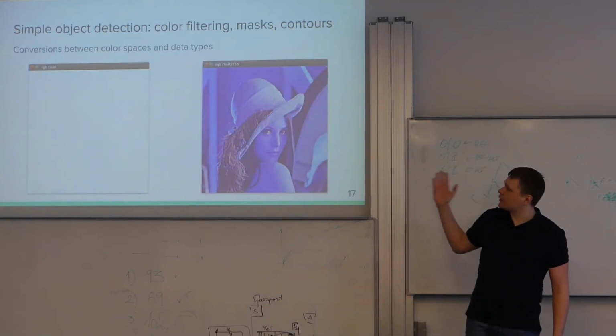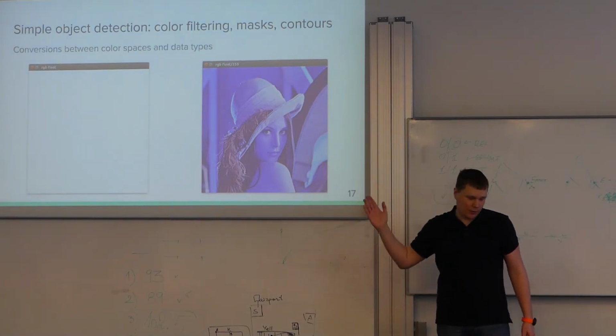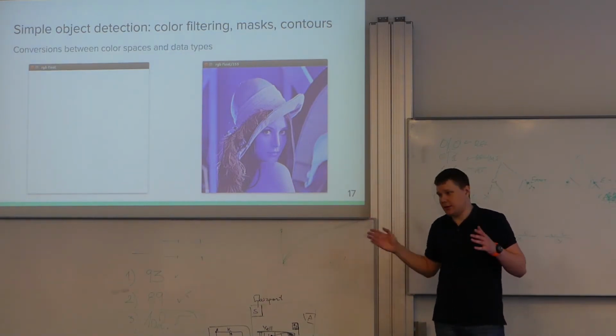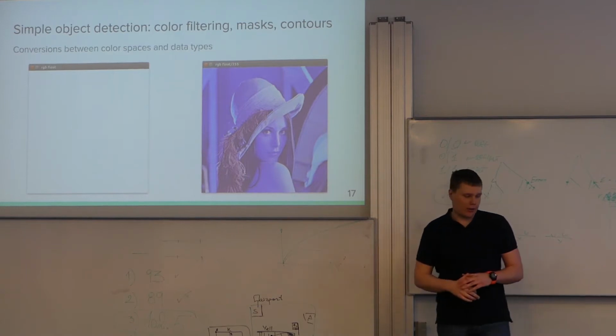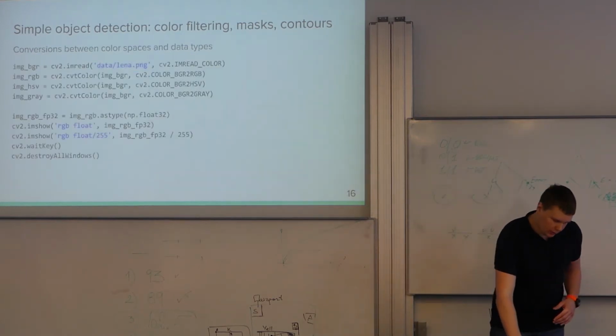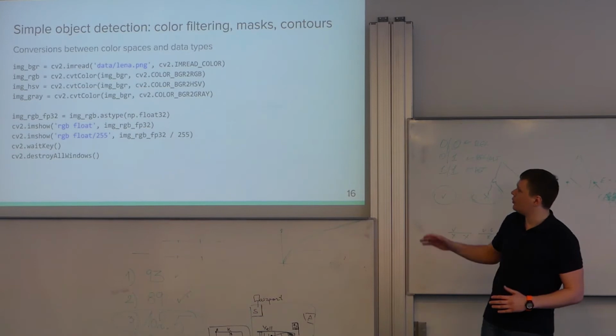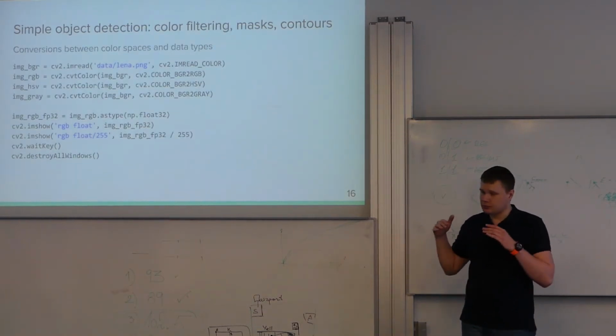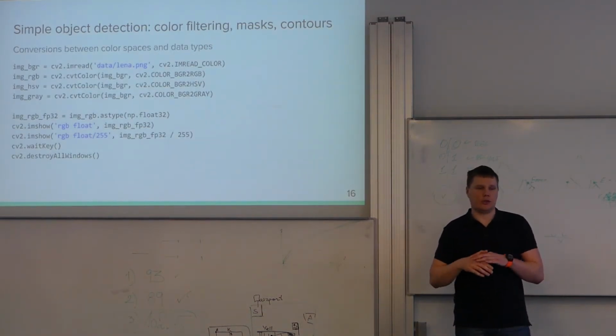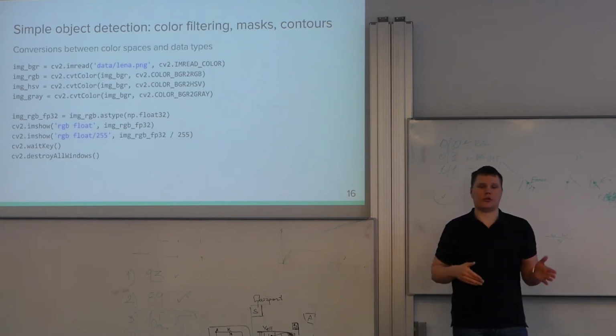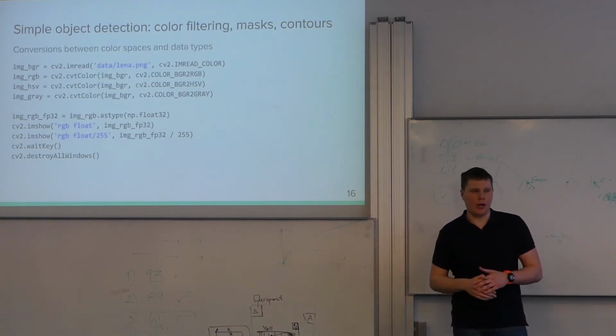As you can see, the left window is kind of empty. It's because in the first show, we tried to display a floating point image in the range 0 to 255.